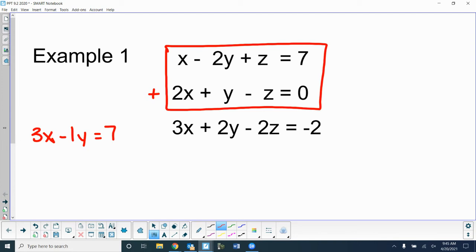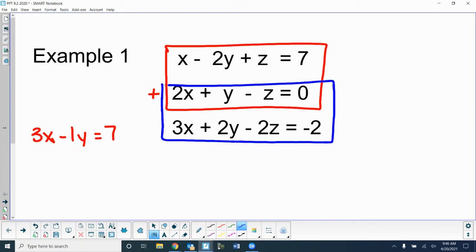So since I eliminated the z's, I'm going to eliminate the z's again with these two. Now, in order to eliminate the z's with these two, what do I have to do to that top one? Or I guess it's the middle one. What am I going to have to do to it? Multiply it by 2, right?